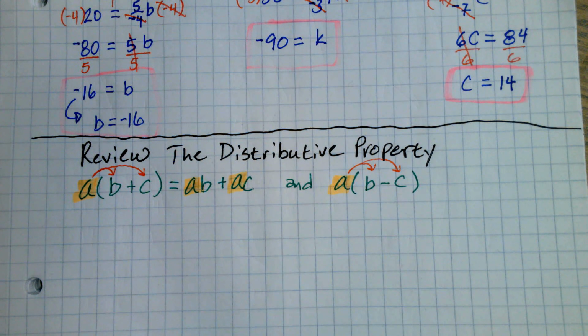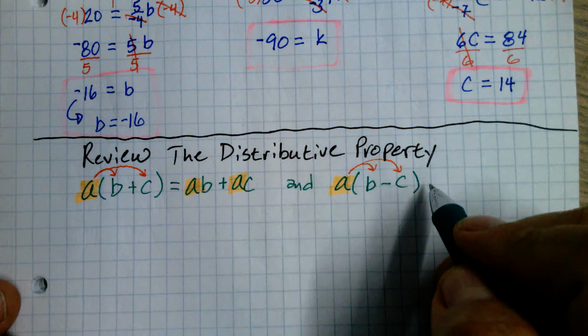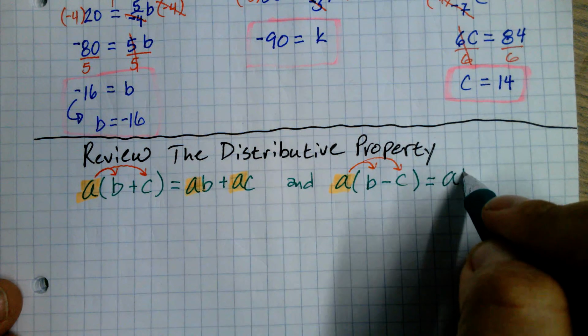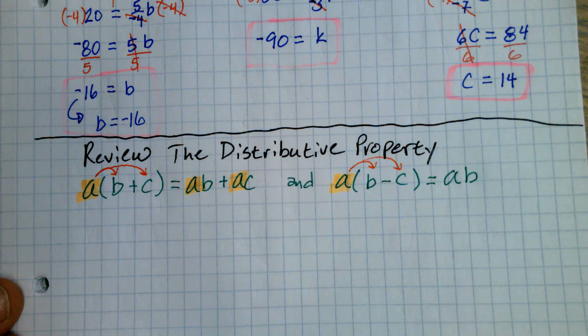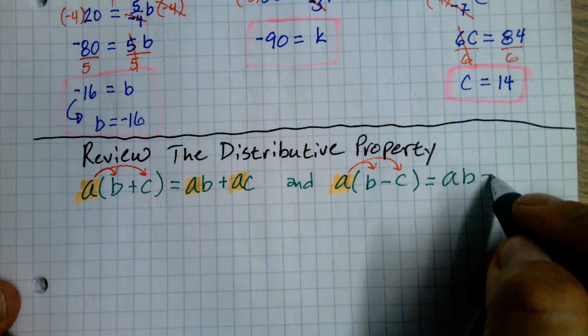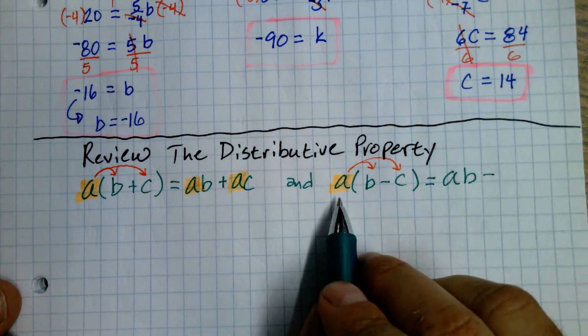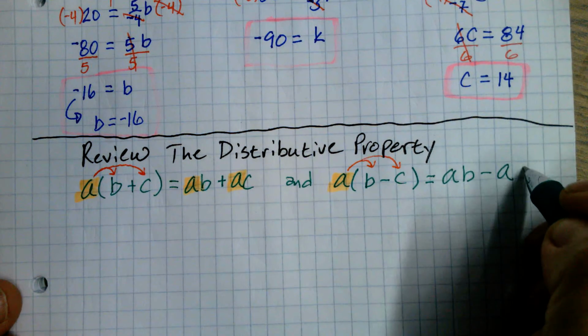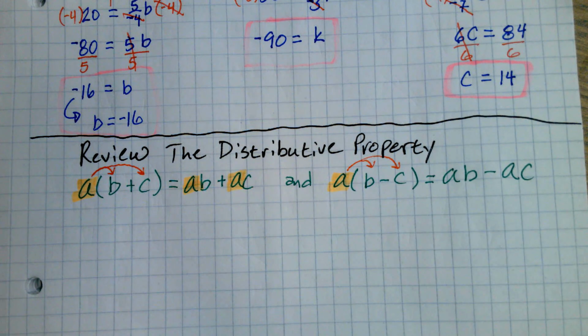We're going to distribute A. So A times B is AB, and then we're subtracting, and we multiply A times C, so AC.